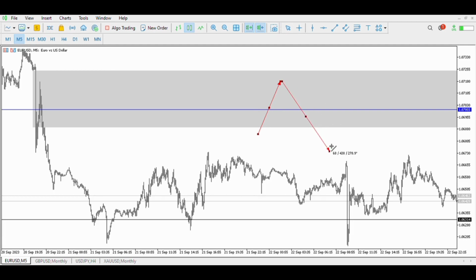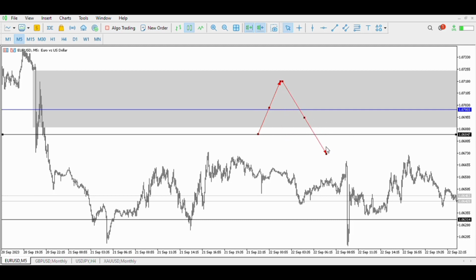So the moment price breaks this previous low from the 5 minutes time frame, that will be your perfect entry point for you to join it. Yes, perfect. So the moment price breaks below this low, that will be your entry point.